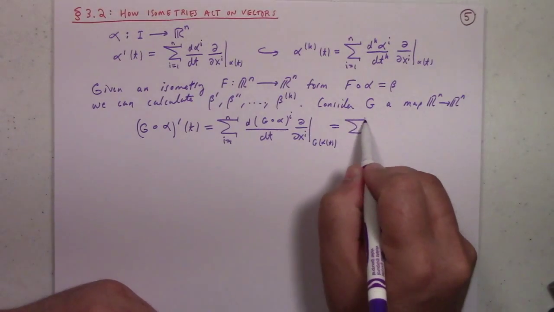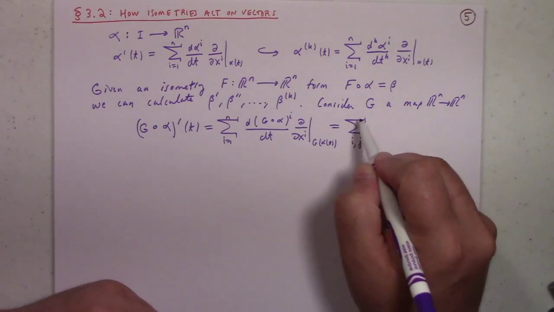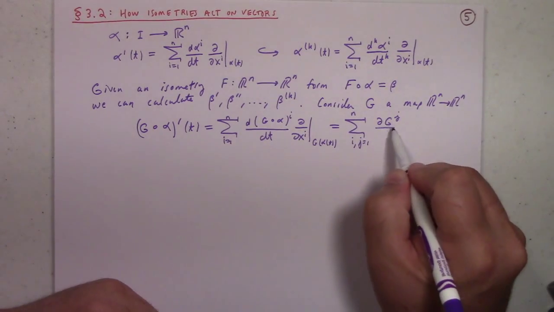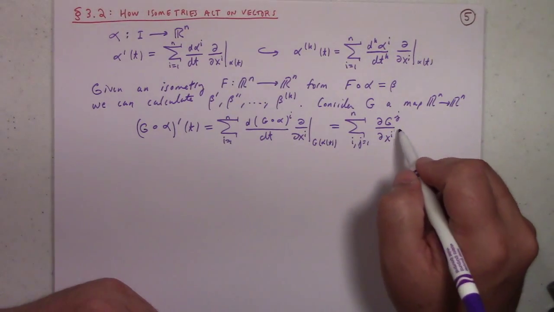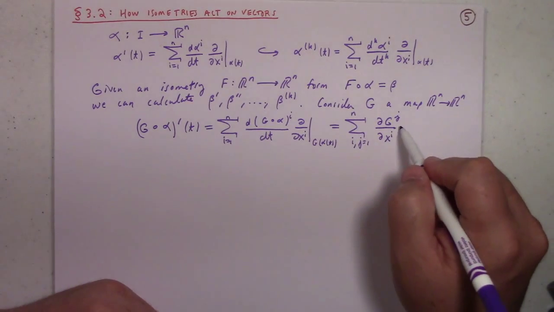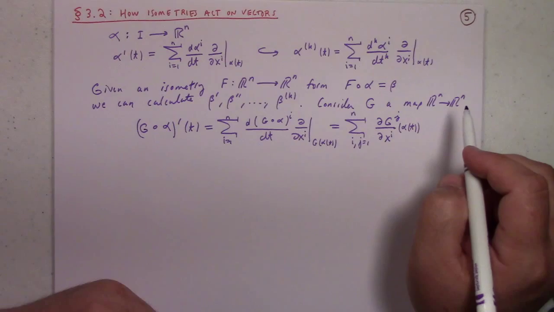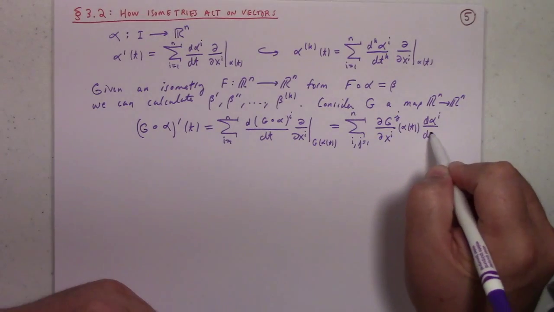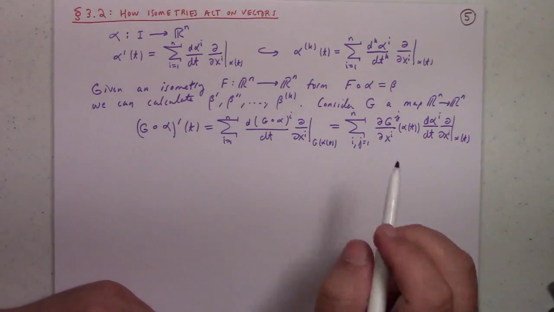So what you really have here is the sum over i and j from 1 to n of partial gj over partial xi at alpha of t, times d alpha i over dt, times partial xj at G of alpha of t.